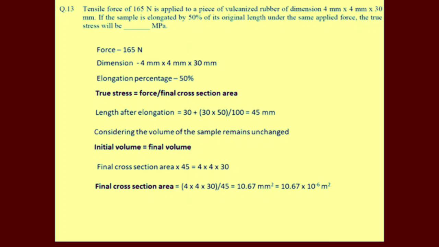Now, dividing the applied force, which is 165 Newton, by new area, we can find the true stress. And in order to get stress value in Pascal, we need to convert area from millimeter square to meter square. After calculation, the final answer is 15.5 megapascal.